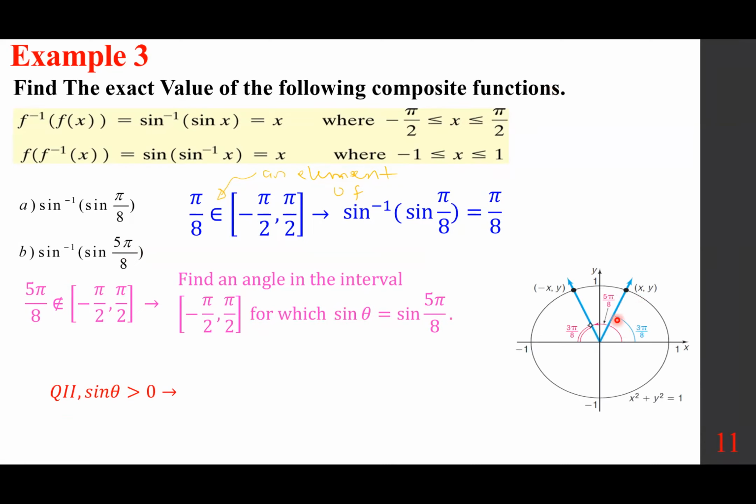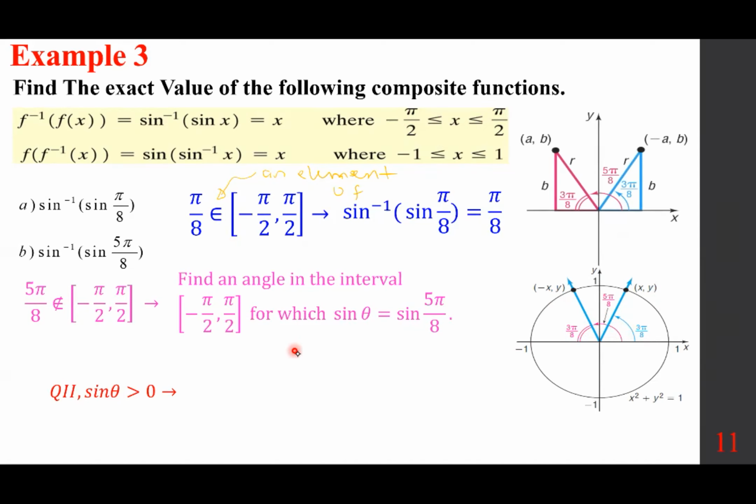So remember, sine is represented by the y coordinate in essence, and the y coordinate is positive in the first and the second quadrant. So we want 5 pi over 8. We can't have it because it doesn't belong here. So corresponding to 5 pi over 8, 3 pi over 8 is the reference arc, and 3 pi over 8 has the same sine.